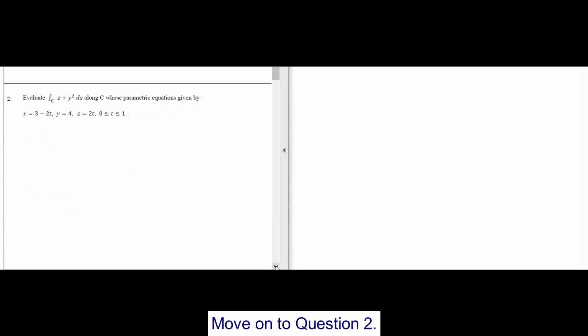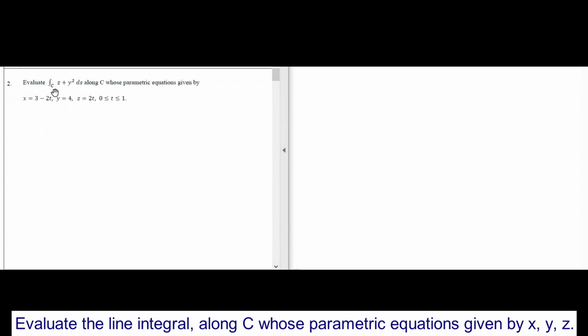Move on to question 2. Evaluate the line integral along C whose parametric equations are given by x, y, z.